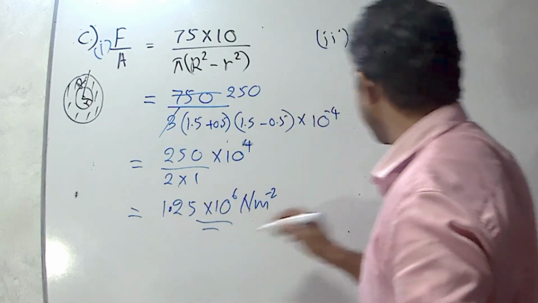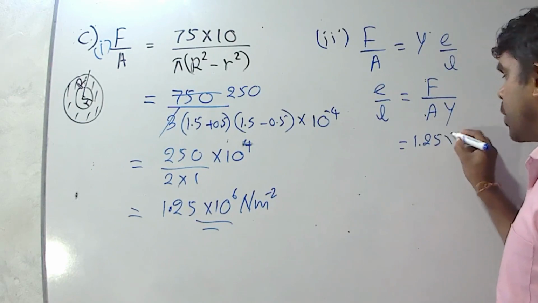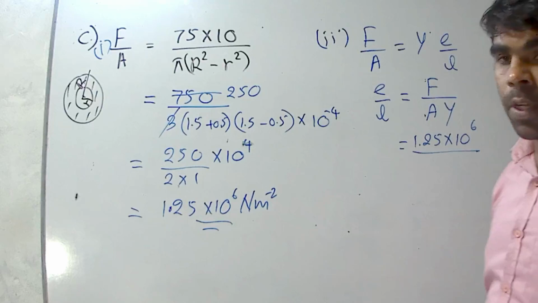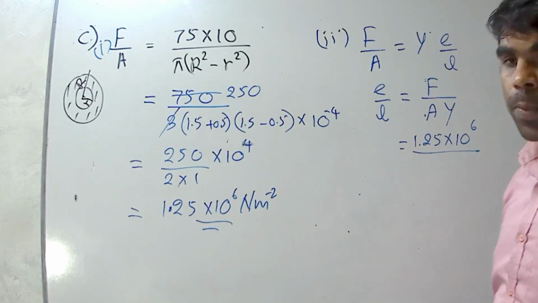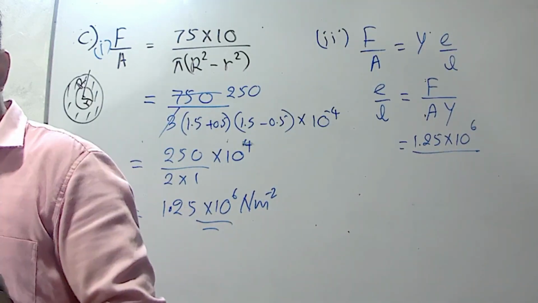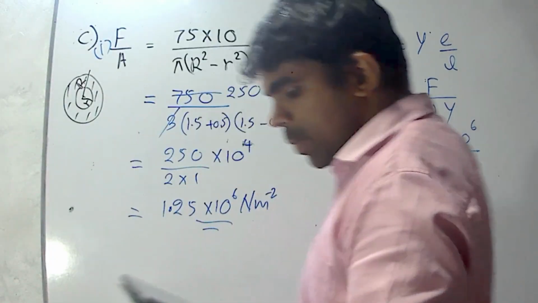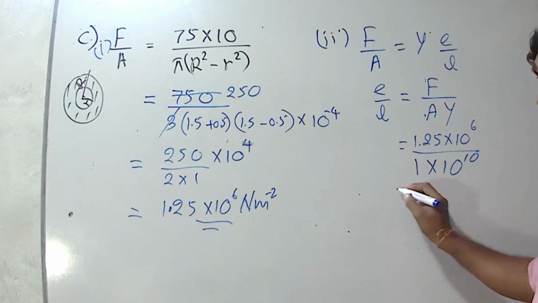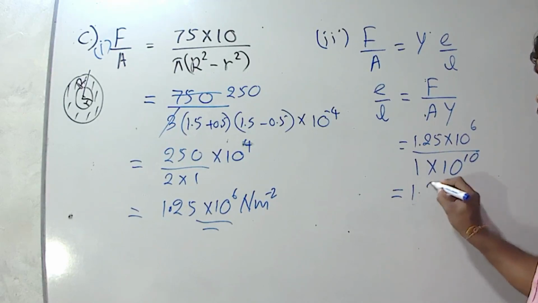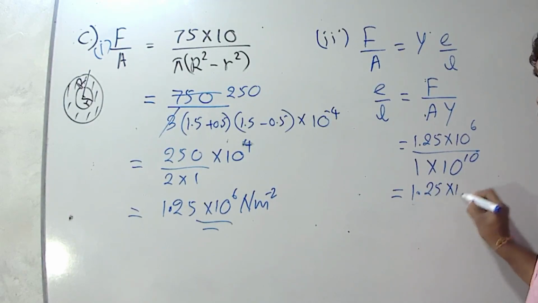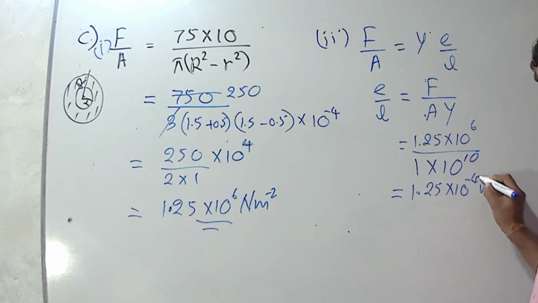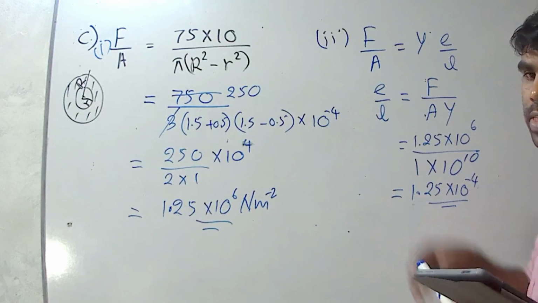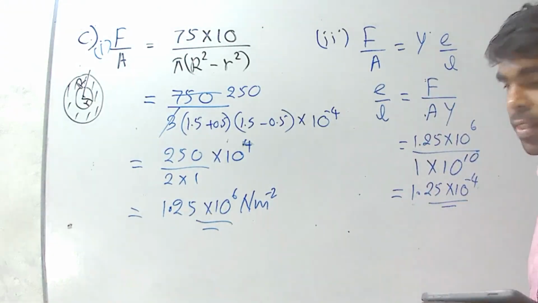F over A is this value, 1.25 into 10 to the power 6, divided by Young's modulus, which is 1 into 10 to the power 10 for the compressive value. Then we can obtain 1.25 into 10 to the power minus 4. Sorry, there is no unit because it is the ratio between two lengths.